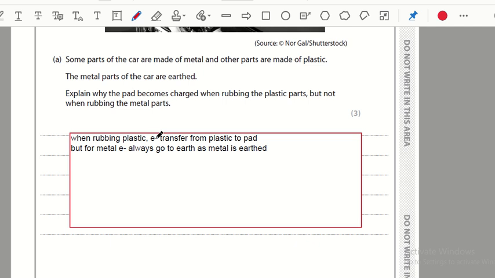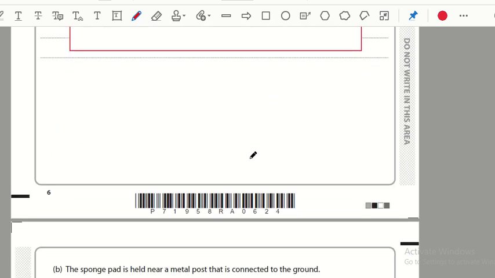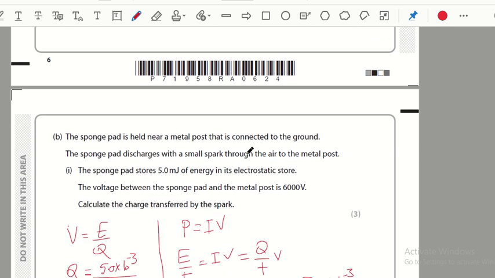Because when rubbing plastic, electrons transfer from plastic to sponge, but for metal, electrons go to earth as it is earthed, so they don't transfer to pad.